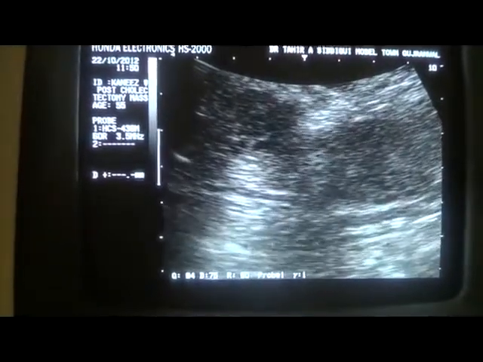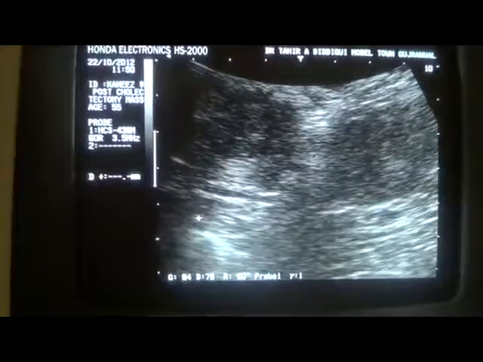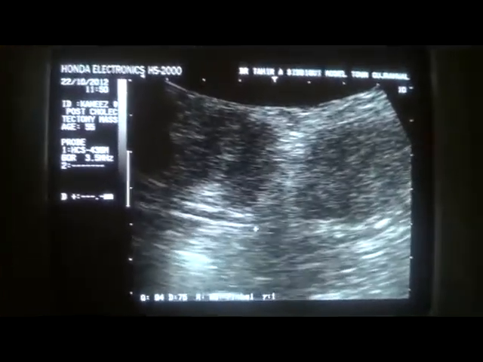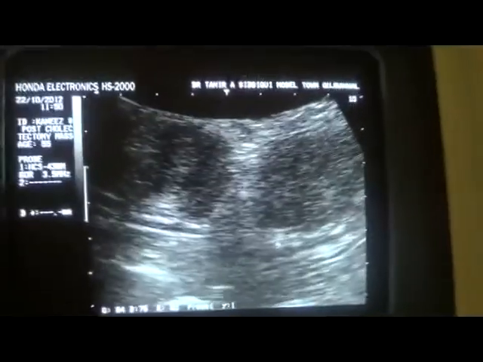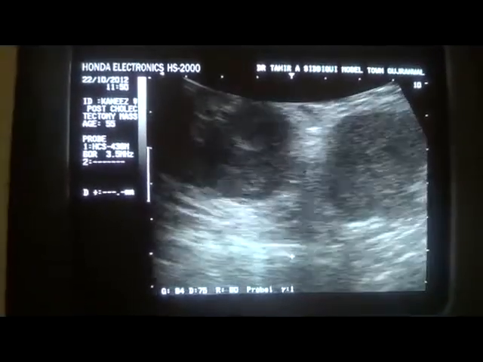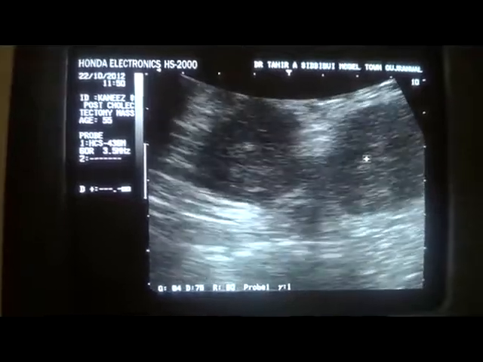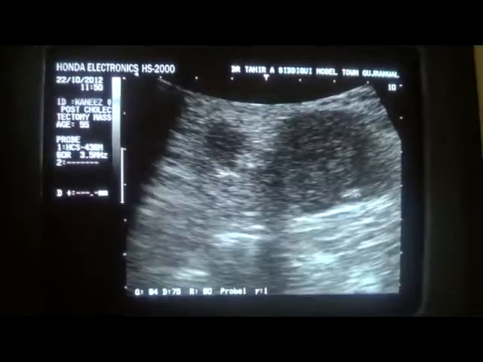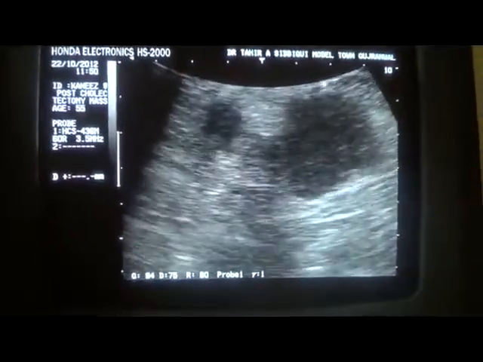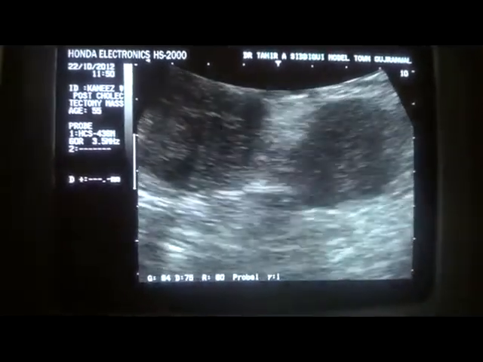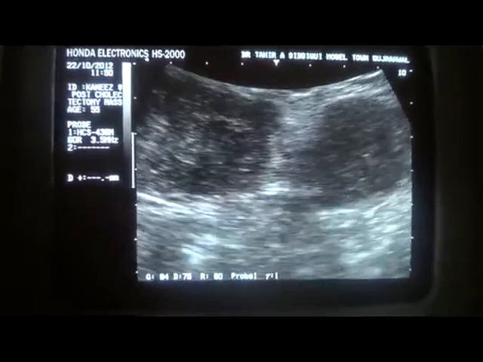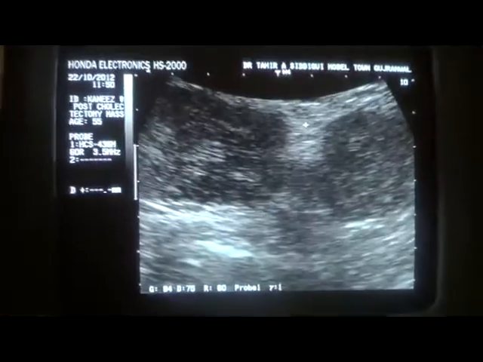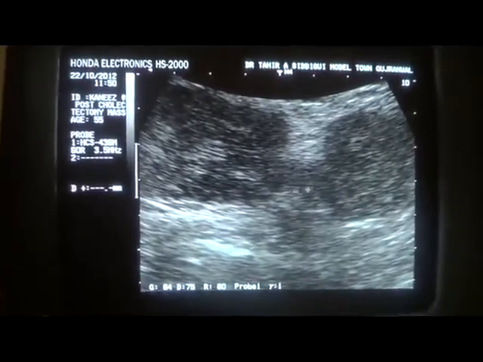This is the intraperitoneal region where you can see bowel gases, etc. This line is that of the peritoneum. So these are extraperitoneal masses with internal calcification in the subcutaneous region, communicating with each other in this region.